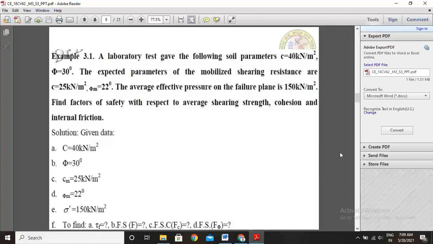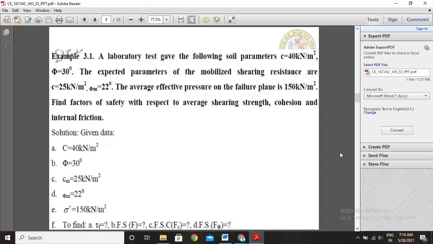A laboratory test gave the following soil parameters: C equal to 40 kN per meter square, phi equal to 30 degree. The expected parameters of the mobilized shearing resistance are Cm equal to 25 kN per meter square, phi m equal to 22 degree.